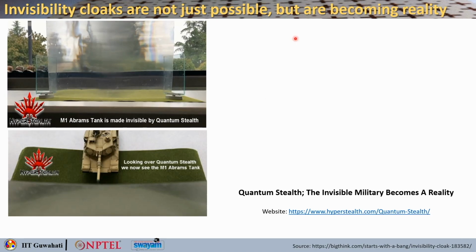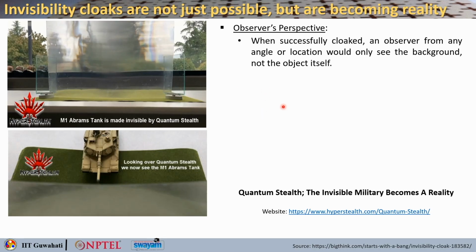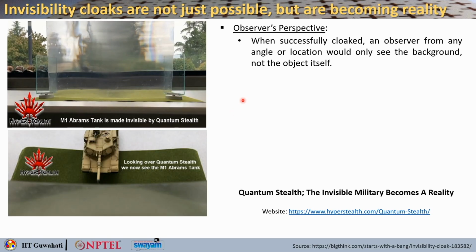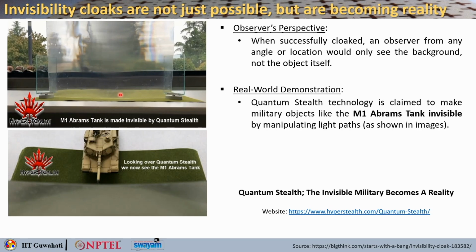Okay. So here you can also see that this is the sheet that is covering this tank. So from the front you can't see it. So this is also one application of Hyperstealth. They also call it quantum stealth, which makes invisible military becoming a reality. So what you see here is that when successfully cloaked, an observer from any angle or location could see only the background, not the object itself.